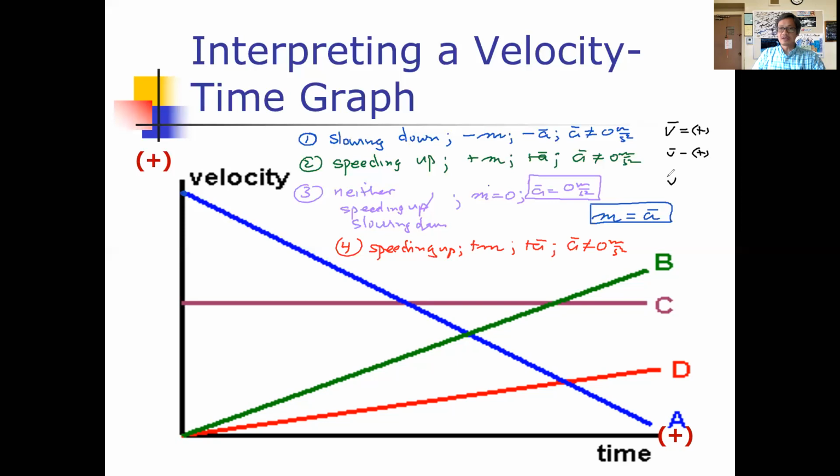Here, velocity is positive, acceleration is negative, slowing down. Here, velocity is positive, acceleration is positive, speeding up. Here, velocity is positive, but there's no acceleration, which means the velocity stays constant. Here, the velocity is positive, the acceleration is positive, again, speeding up. We can obtain all that information just from looking at this graph right now.